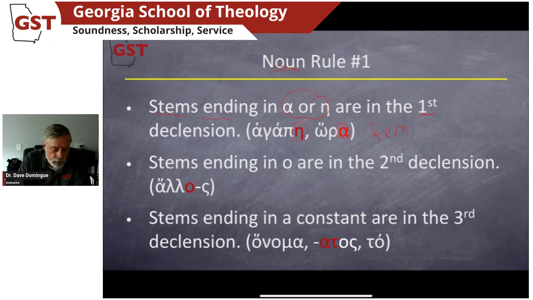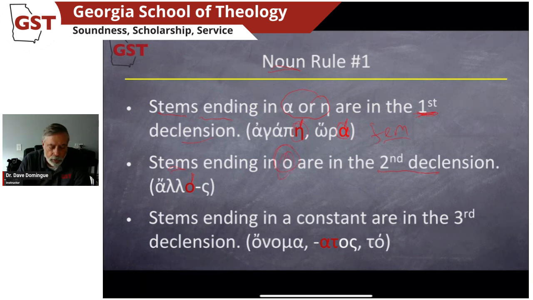Stems, again, stems ending in an omicron are second declension. That means it's going to have a second declension pattern. So here's our omicron stem ending or connecting vowel. Here's our alpha or eta stem ending or connecting vowel. That generally means a first declension feminine word, and it follows a specific pattern that's unique to first declension.